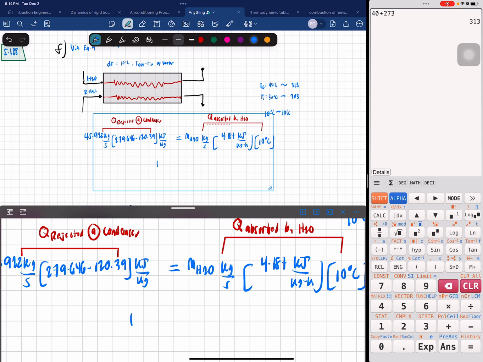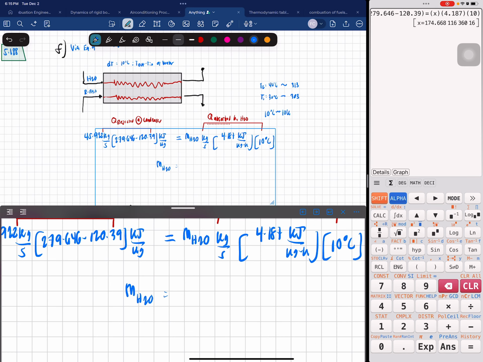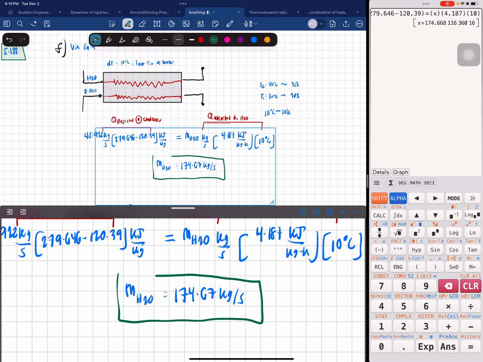So if you solve the mass of water in kilograms per second, it's around 174.67 kilograms per second.